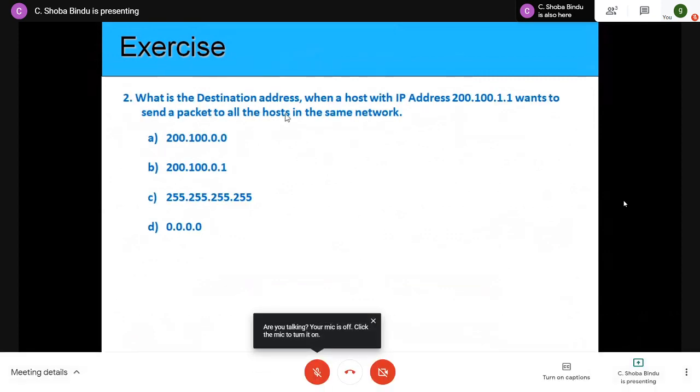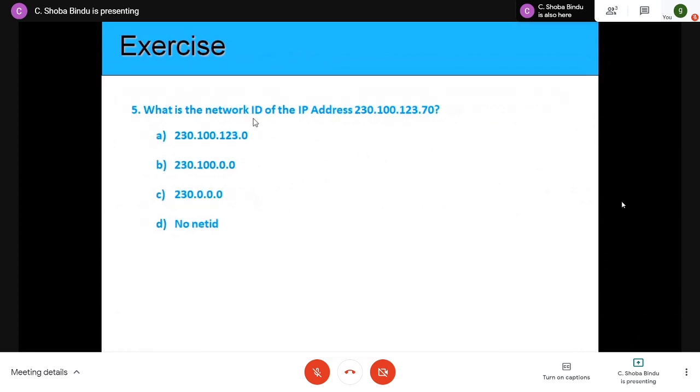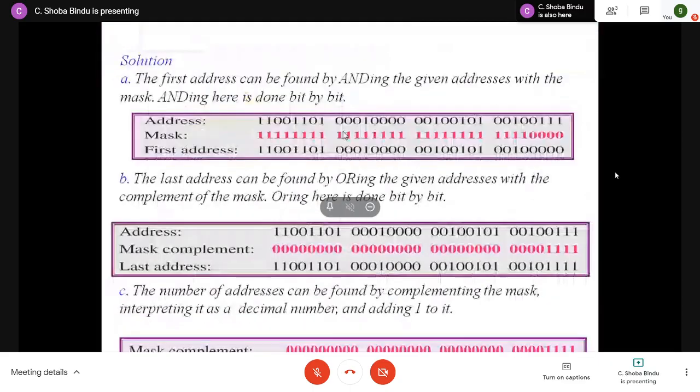So what is the destination address? When a host with IP address 200.100.1.1 wants to send a packet to all, what is the network ID of the IP address 230.100.123.70? First you find out which class it belongs to.